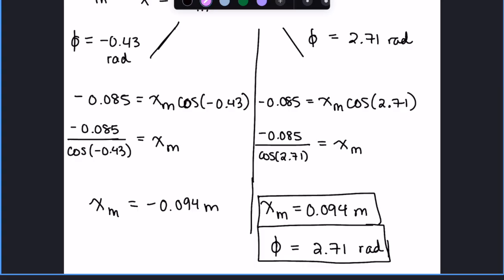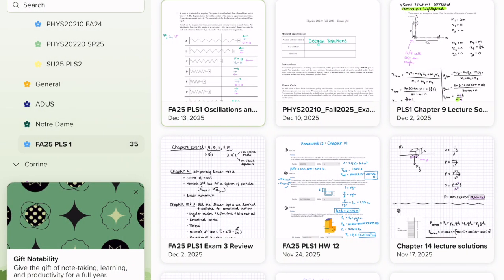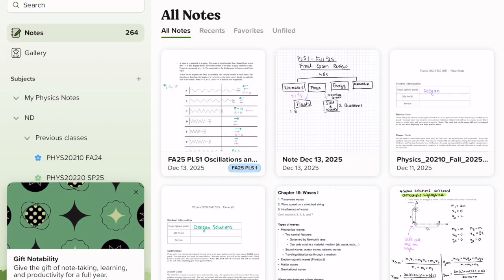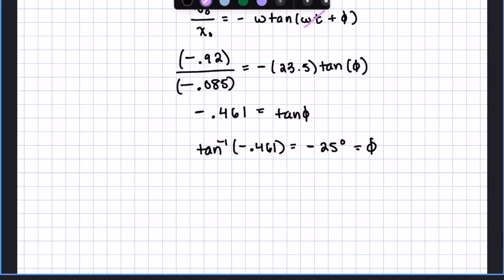It's a block spring system. Okay, so let me go back to where all my notes are. So now we're looking at spring practice final, number 5.